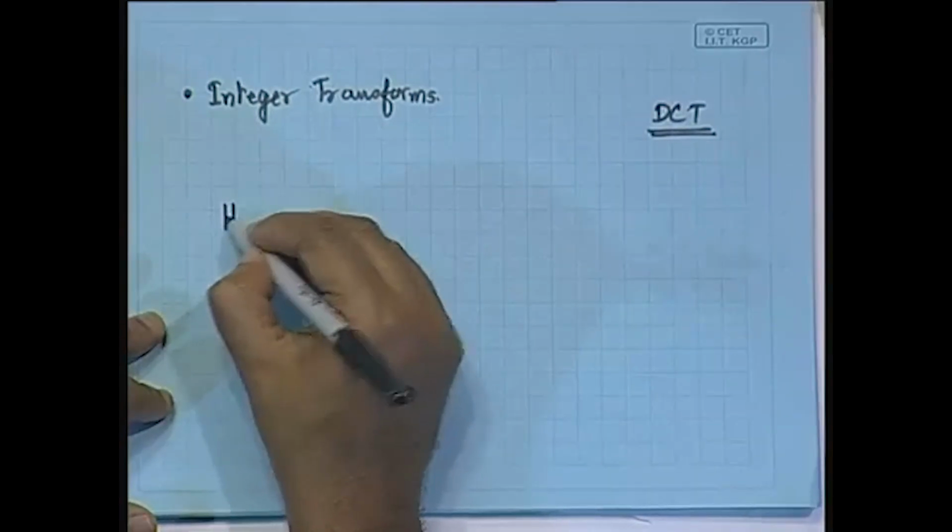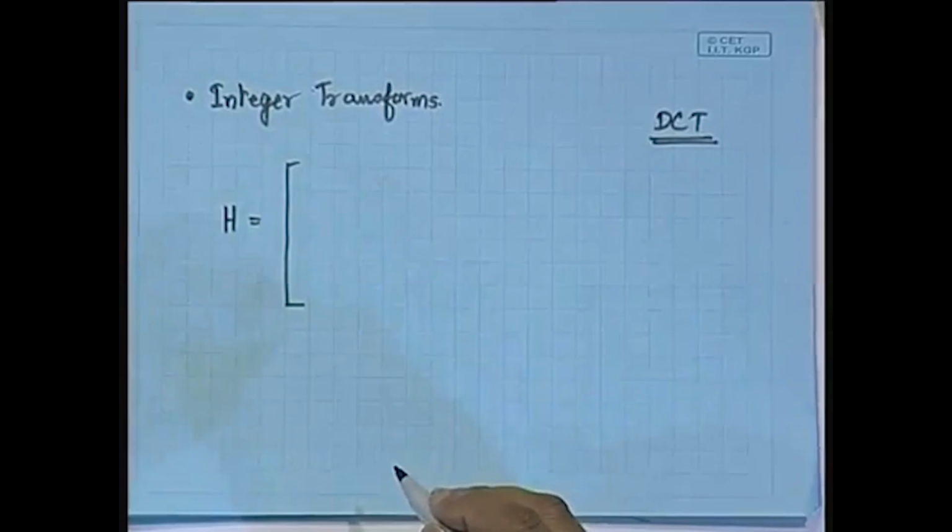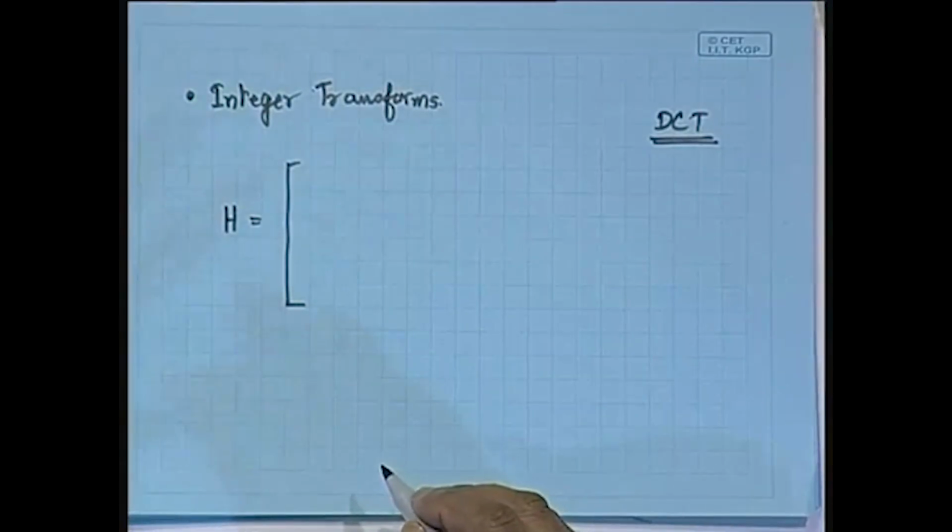The integer transform is applied on 4 by 4 blocks, not on 8 by 8. In the earlier standards 8 by 8 was followed, as I mentioned in JPEG also, and even in standards like MPEG 1 and MPEG 2, everywhere the block size is treated as 8 by 8.